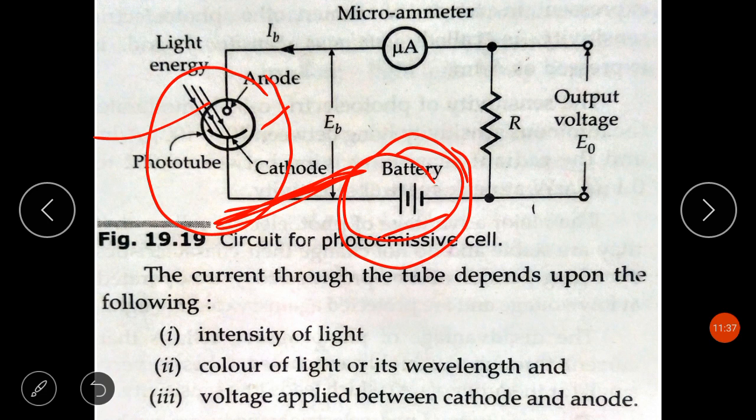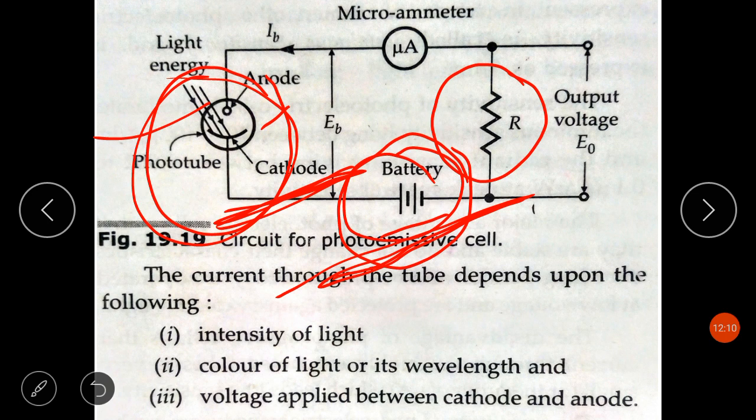So in order to protect it, a resistor should always be connected in series with the gas type photoemissive cell. This series resistor will limit the current in case an accidental overvoltage is applied.